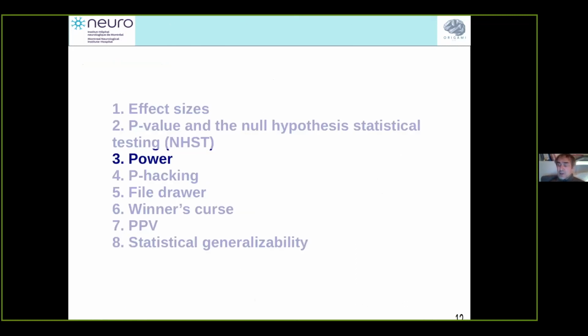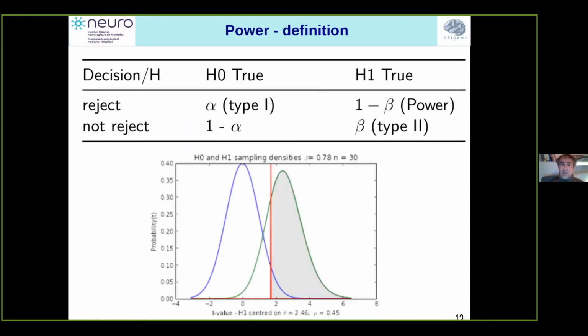Power. Let's go back a little bit to that notion, which is really critical. As I said, it's 1 minus the type 2 error. If you look at this graph, the null hypothesis is in blue. The threshold at which you're going to say that you reject the null hypothesis is the red vertical bar here.